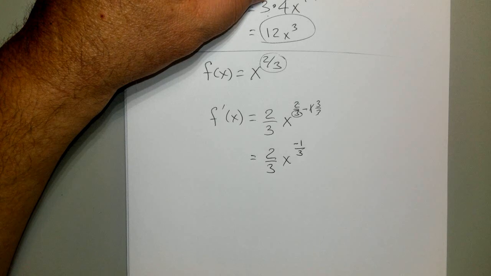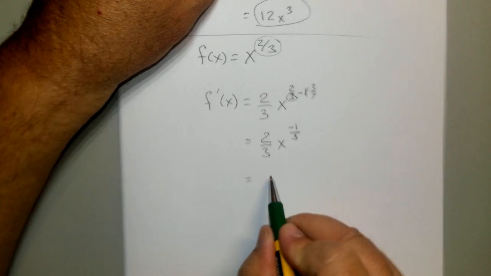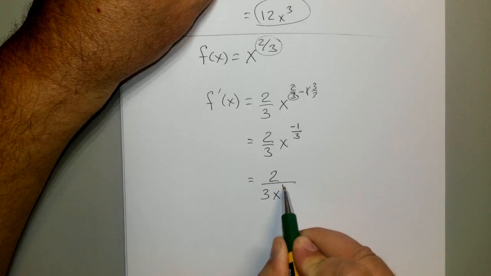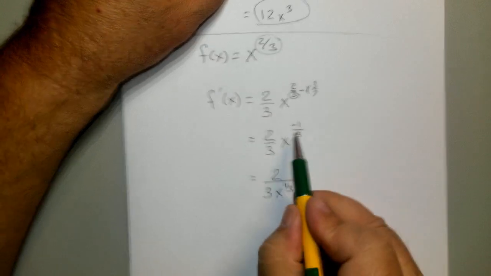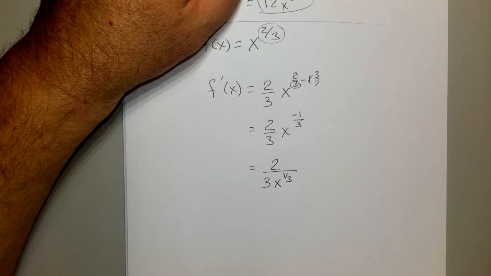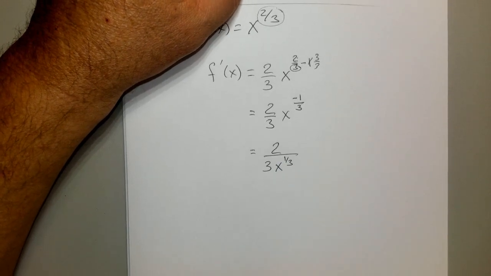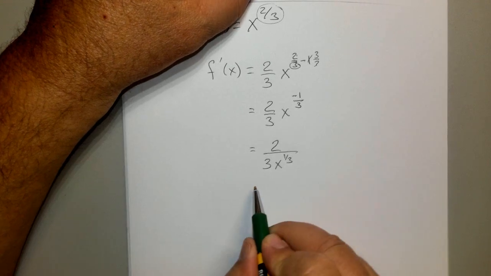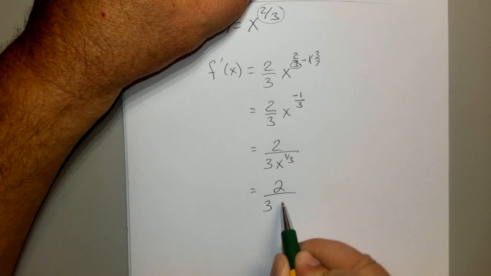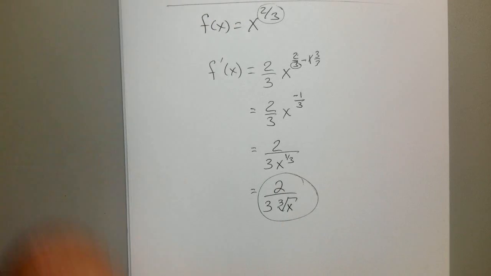What happens to this one? If it's negative, it goes to the bottom, so you make it positive. What does a 1/3 exponent look like? What does it become? Cube root, very good. Cube root of x, and there's your derivative.